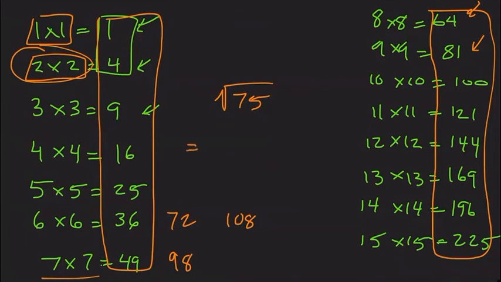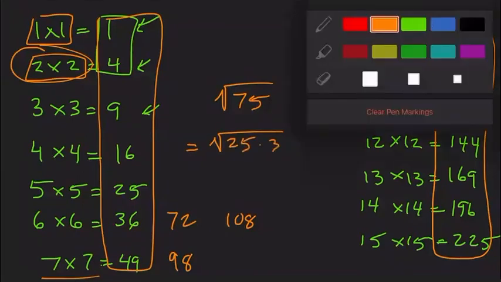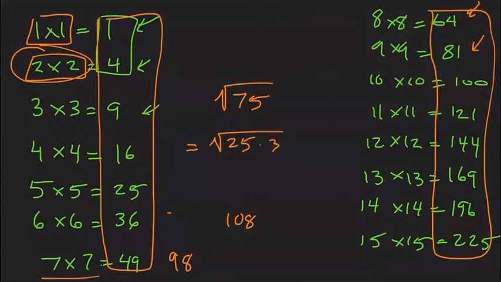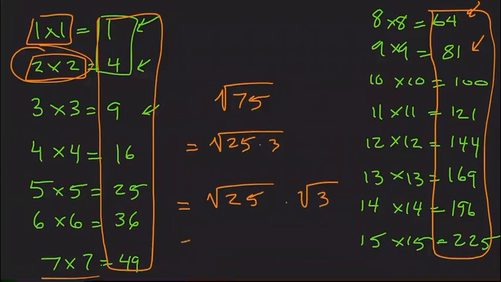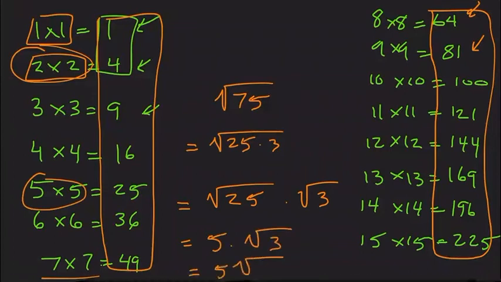So we want to rewrite this as square root of 25 times 3. And we have this property which says you can split these apart to square root of 25 times square root of 3. Square root of 25, that is 5. And we can squish these together to become 5 rad 3.